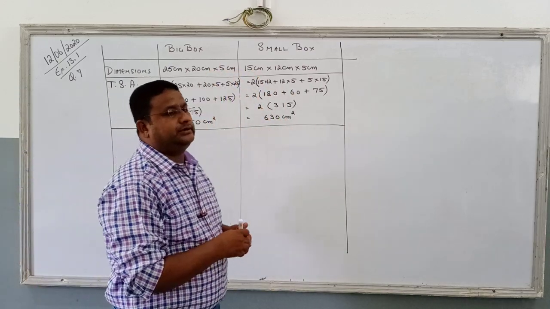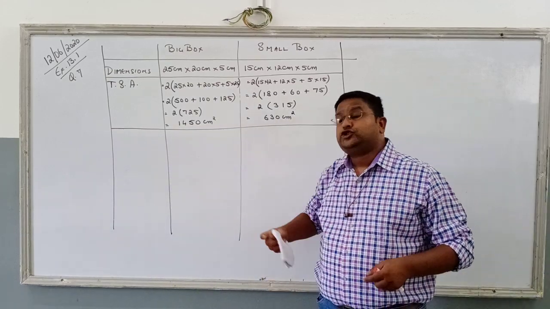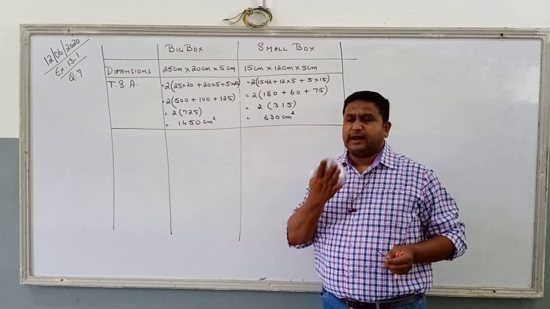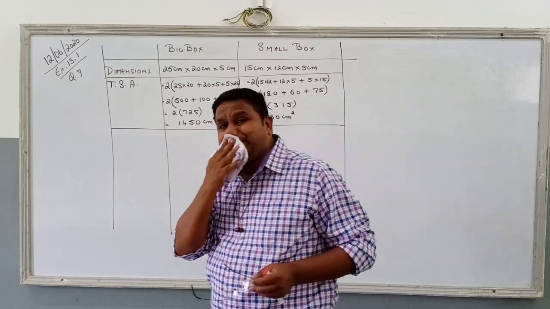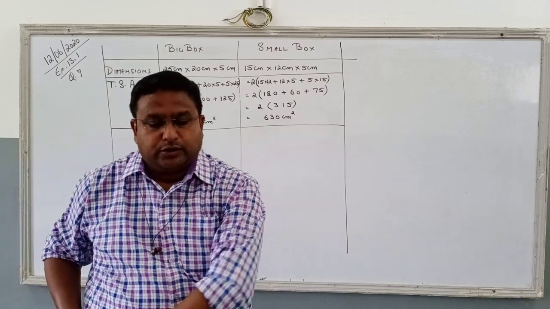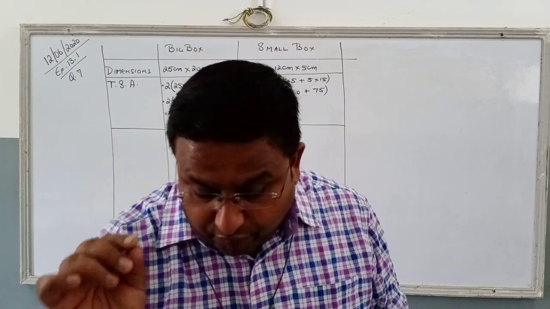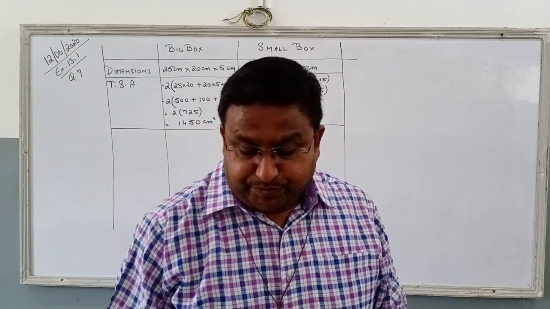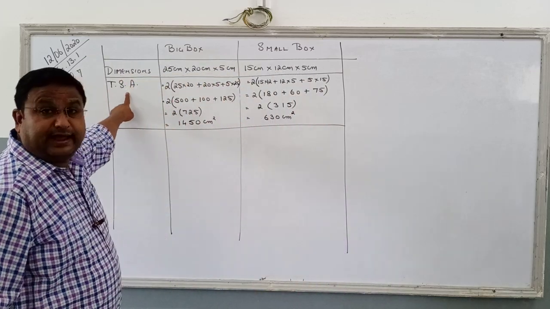But students, when we are placing the order, shopkeepers place it in bulk. They do not place an order for 1 box or 2 boxes or 3 boxes or 10 boxes. Same thing here. But let us come down to the second part. Read the statement carefully: for all the overlaps, 5% of total surface area.